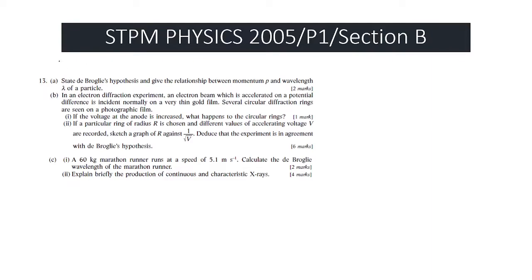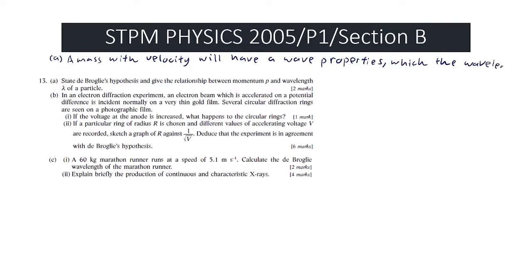So in this case, a mass with velocity will have wave properties, which the wavelength is given by lambda equals h per p, where h is the Planck constant and p is just the momentum.